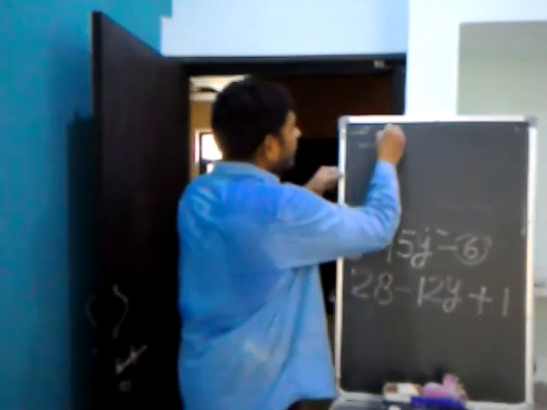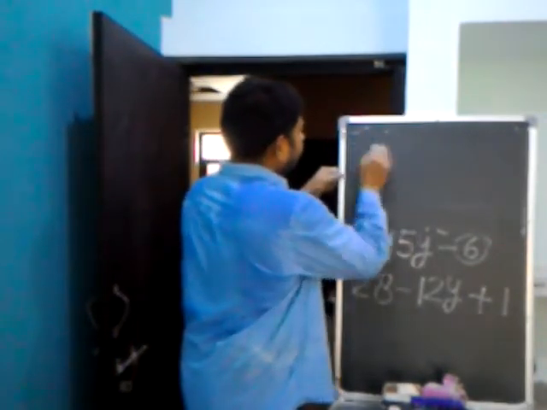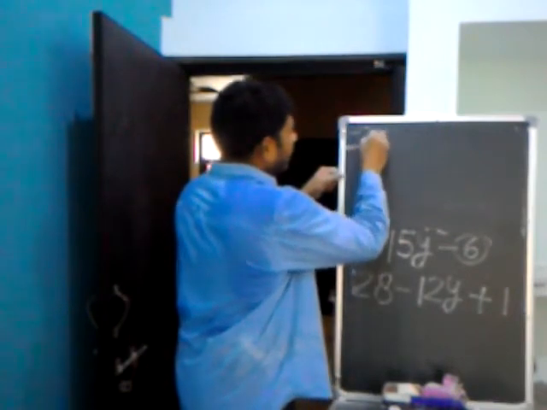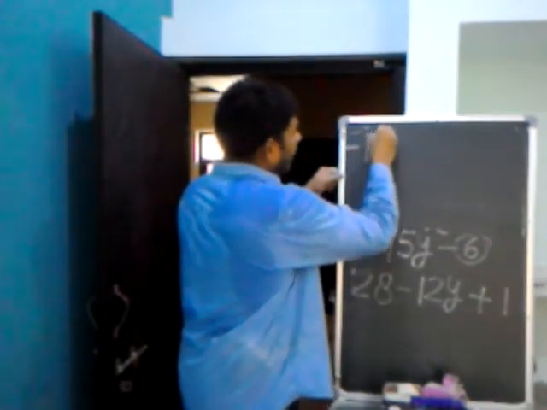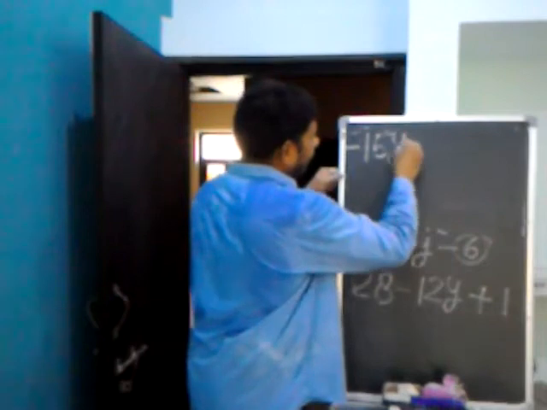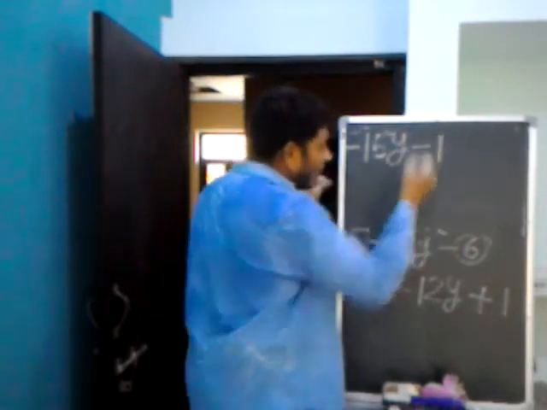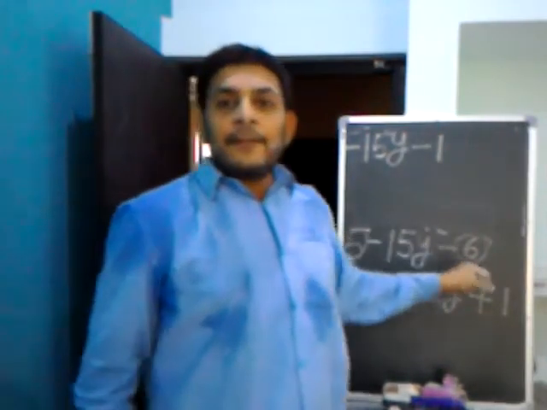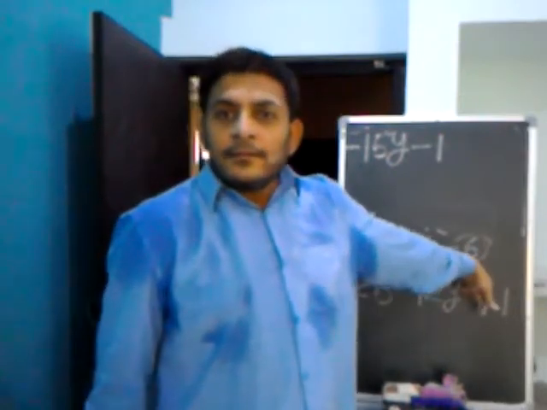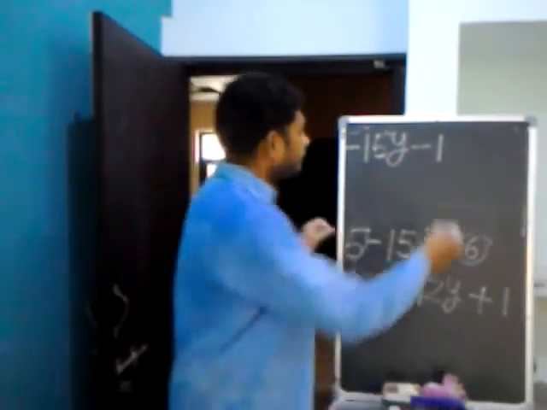It becomes minus 15y minus 1, because 6 is bigger than 5 and 6 has a negative sign.